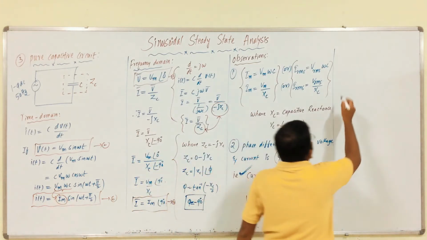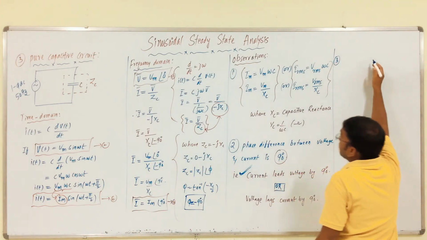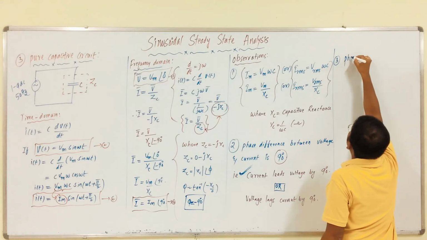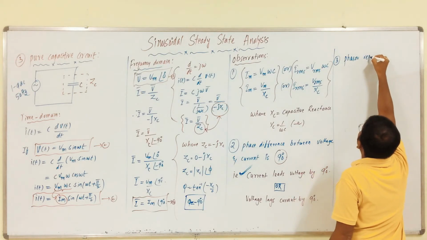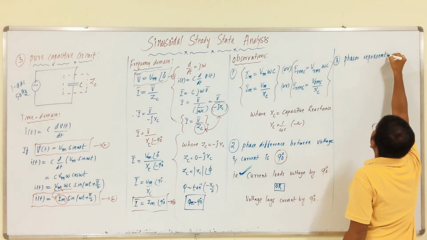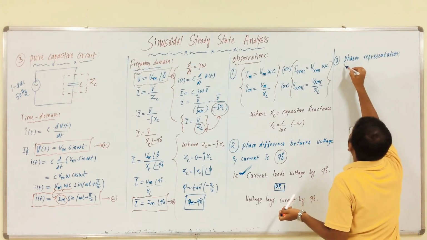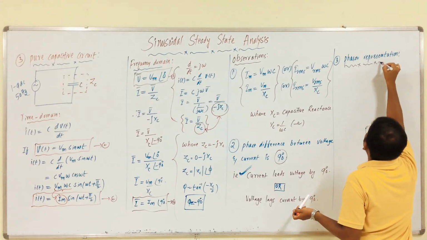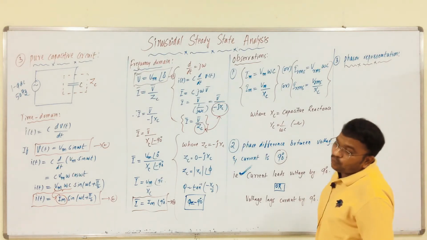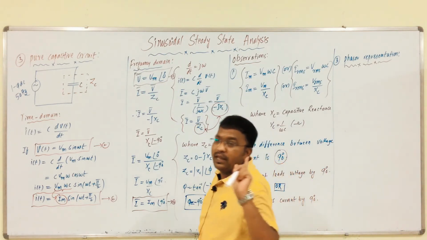So next one, phasor representation. For pure inductive as well as pure capacitive circuits, the phase displacement between voltage and current is 90 degrees only.